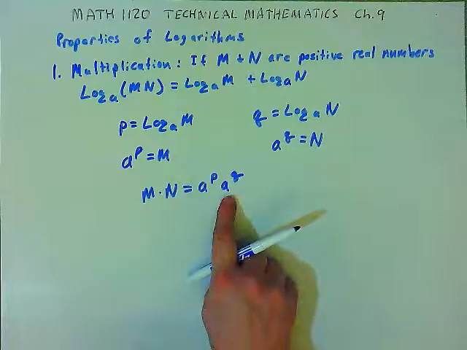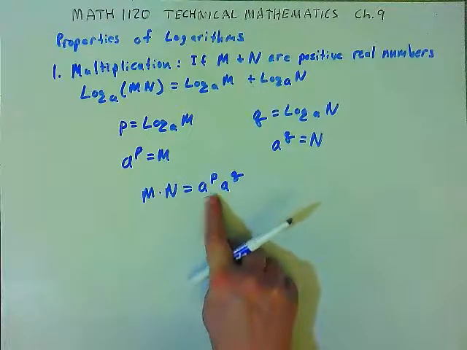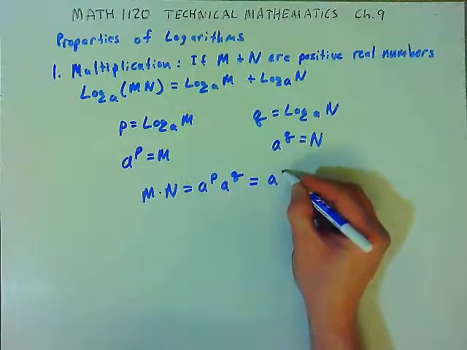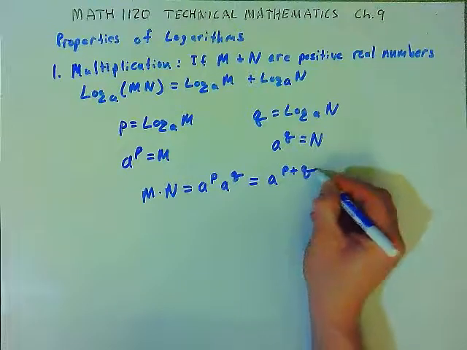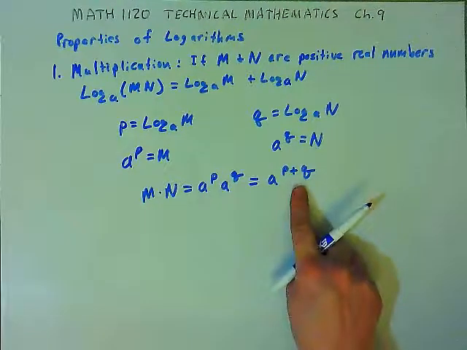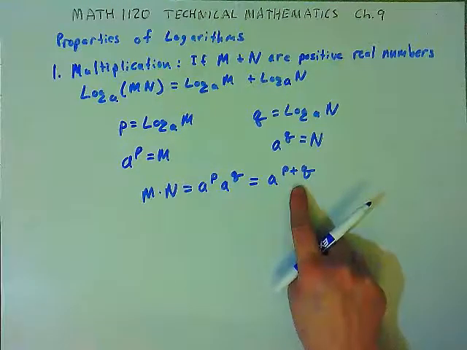And when we multiply two powers, if they have the same base, we add the exponents. And so this is the same thing as a to the p plus q. Right? So anytime we multiply exponentials, if they have the same base, we just add the exponents. That's a rule that you should have learned in a previous class, and hopefully you've remembered that.